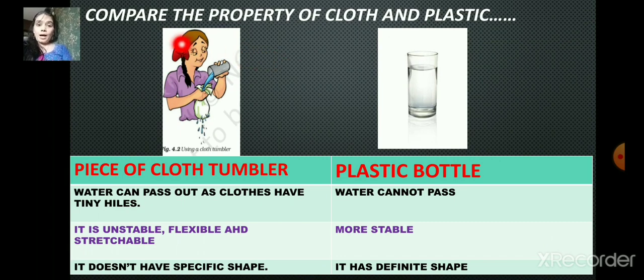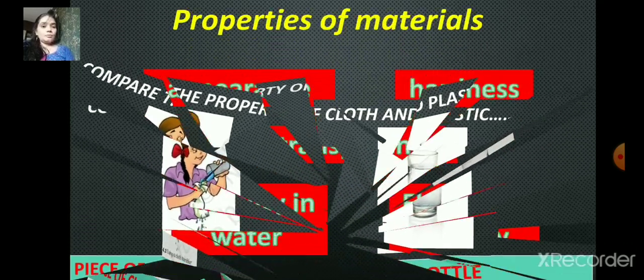Now we are going to compare the properties of cloth and plastic. This is the cloth and this is the glass. Why are we not able to fill water in the cloth? It is because water can pass out as clothes have tiny holes. Here is the spelling, children, H-O-L-E-S.